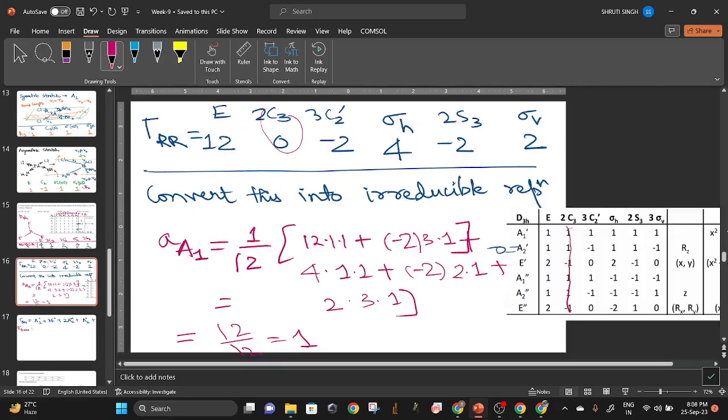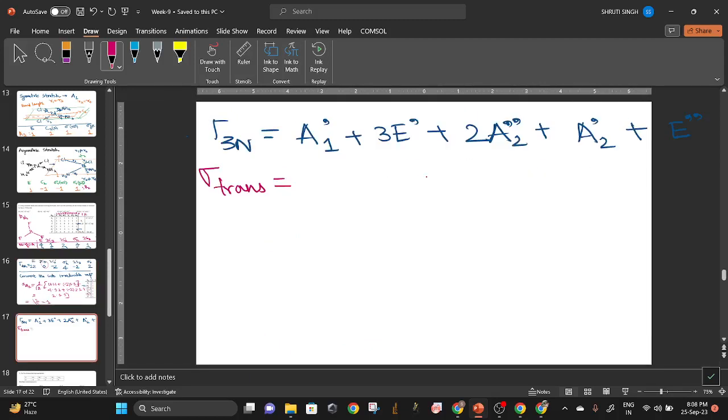Translational is E dash and A2 double dash. Then rotational is A2 dash plus E double dash.